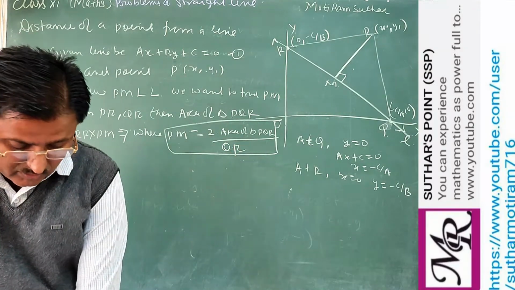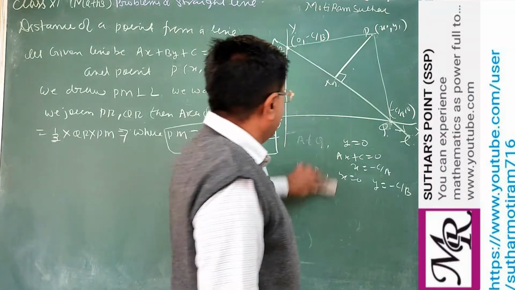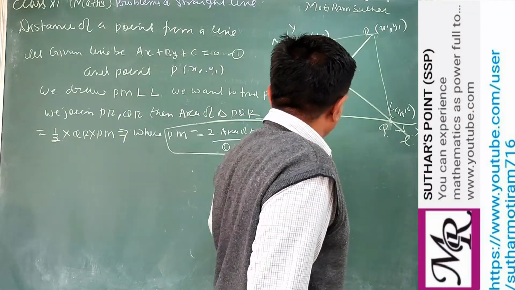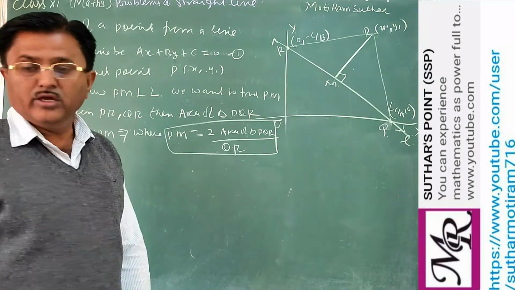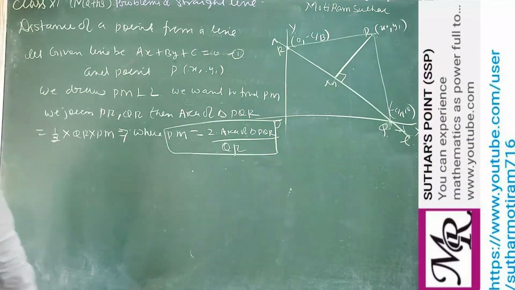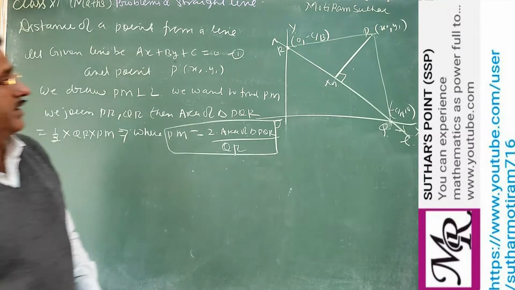Now separately we find the area of the triangle. As in 10th class coordinate geometry, you know how to find the area if we know the coordinates of the vertices of the triangle.